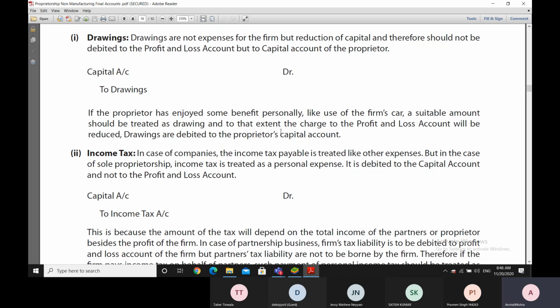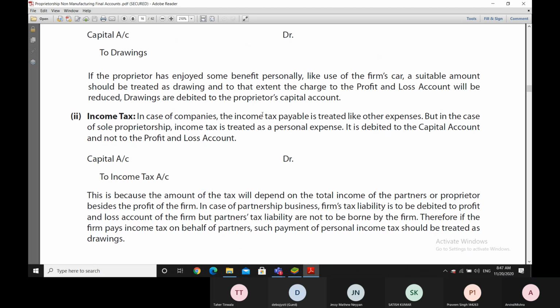And to that extent, the charge to the profit and loss account will get reduced, because a certain amount of expenditure is being treated as a drawing. So something which is drawing is not a business expenditure. That we have to be very careful about.